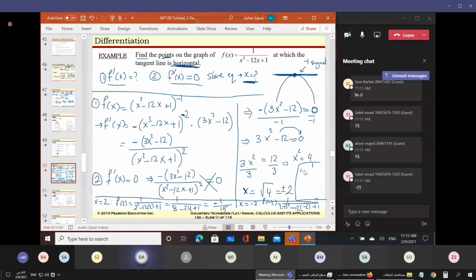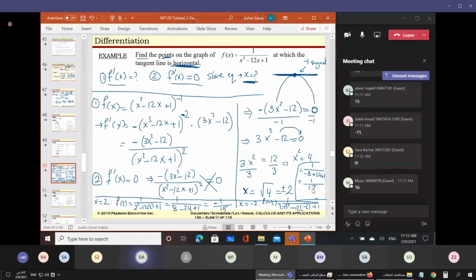It will be 1/-8 minus, it will be +24 plus 1. Okay, this will be 1/25 minus 8. 25 minus 8, 1 over 17, right? 1/17.